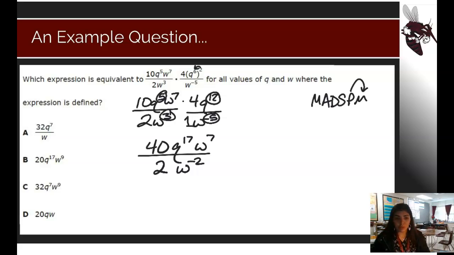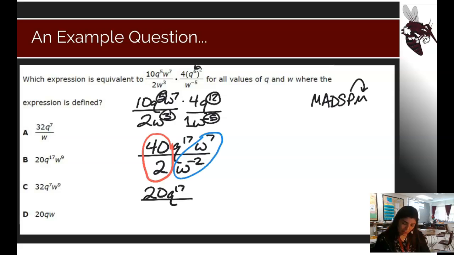Moving on with the rules, I treat big numbers like I've always treated big numbers. This is just the math problem, 40 divided by 2. Well, 40 divided by 2 is 20. q to the 17th doesn't have anything else it can combine with because there's no other q's here. But I notice I'm dividing the w's, and MADSPAM tells me that when I divide, I subtract the exponents.